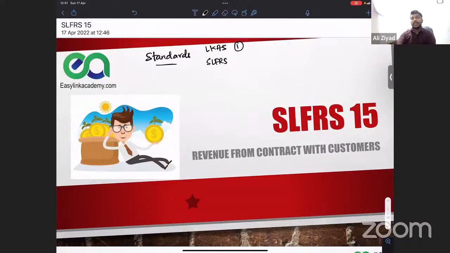Formats, yes. It's for the presentation of financial statements. And then we have learned LKAS 2. What is that? Inventory. That's right.